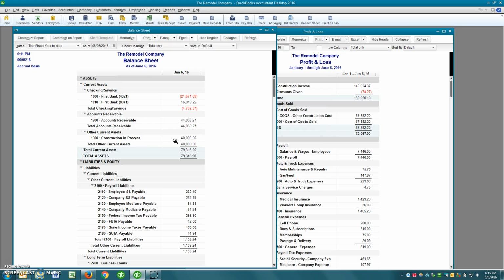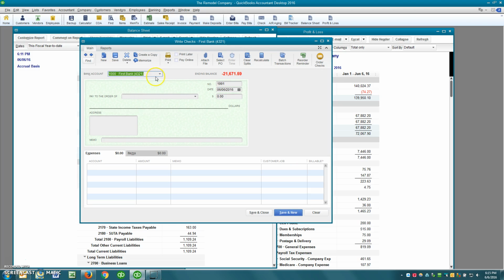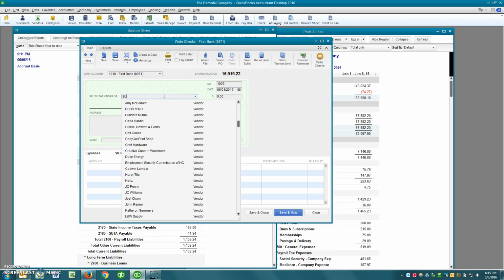So let's just start with a scenario where you have purchased, or not purchased, but you have put a down payment on a vehicle, and you wrote check 1009, and let's say you did that on 6/1, okay, and you did it to Bob King GMC.